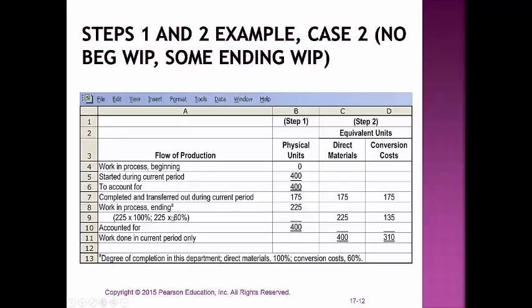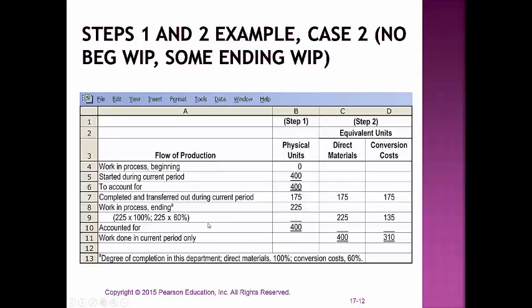When we move down to work in process, though, we've got some things we need to tweak a little bit. Again, following that assumption that all direct materials are put in at the beginning of the process, these 225 units also got 100% of their direct materials. So 225 times 100% equals 225.